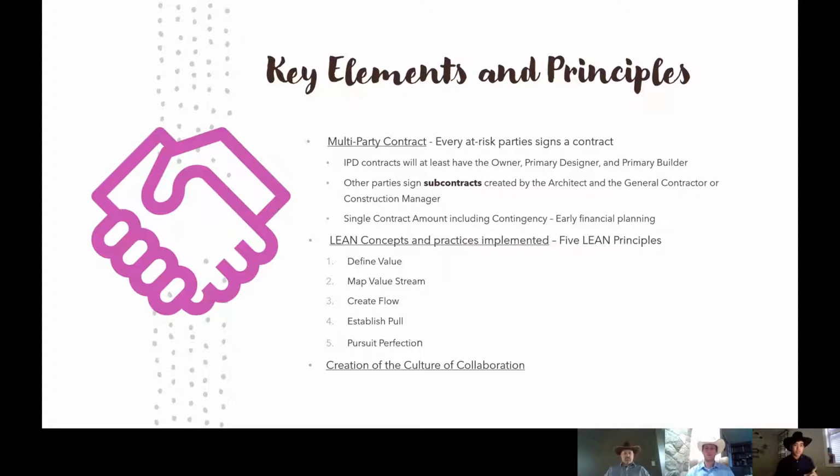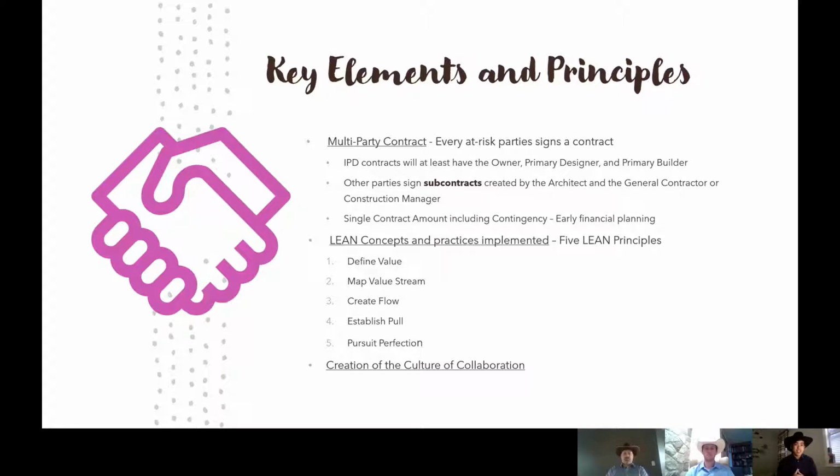I'm not going to go into too much detail about it, but basically it creates open communication between parties in a project, defines the value, and creates more or less a step-by-step process throughout each phase of construction, design, and closeout. That way it establishes a smooth workflow throughout all phases of construction.